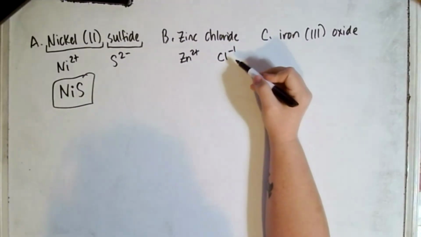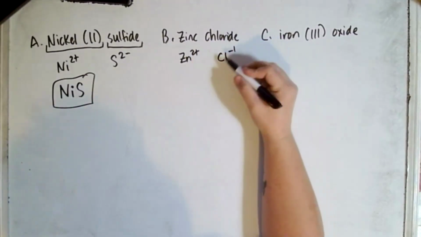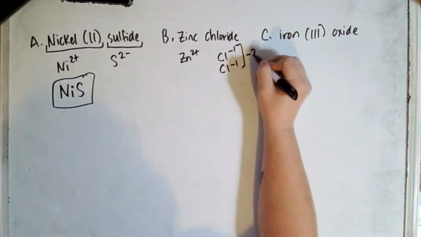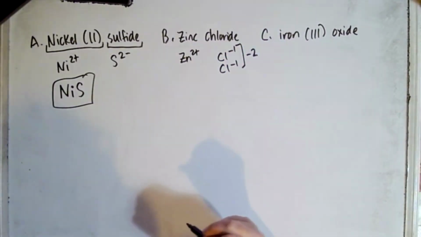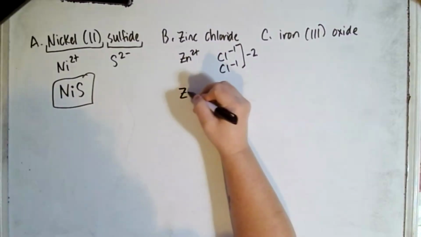So I'm going to need 2 chloride ions to balance out the +2 charge from my zinc ion. And then my formula should reflect that. 1 zinc, 2 chlorides.